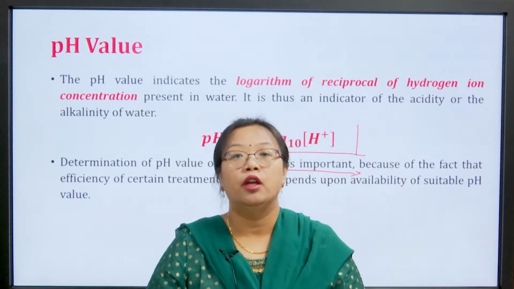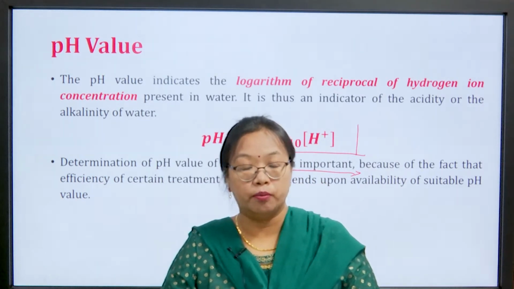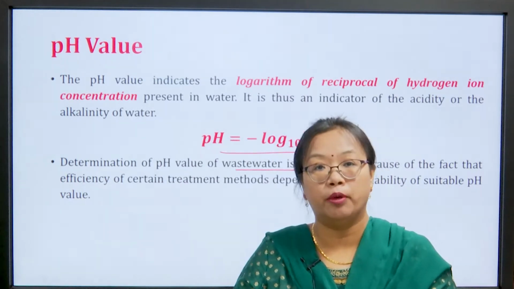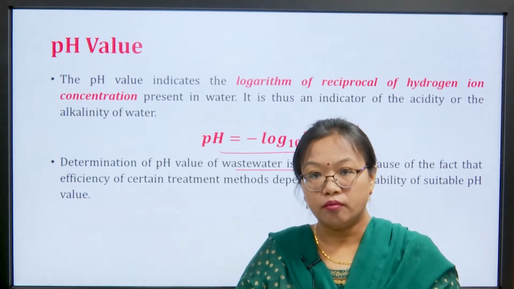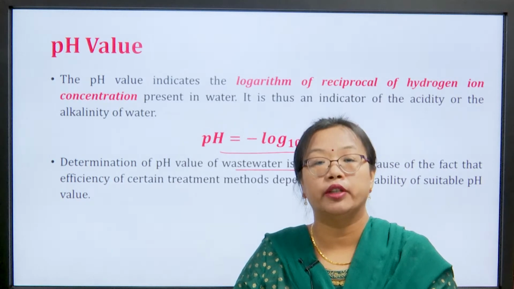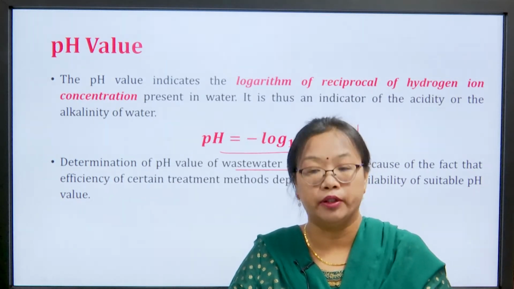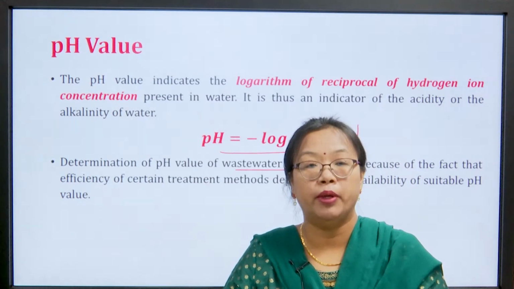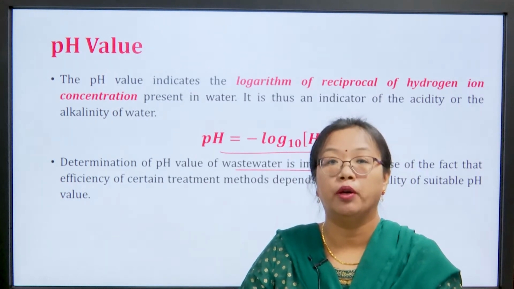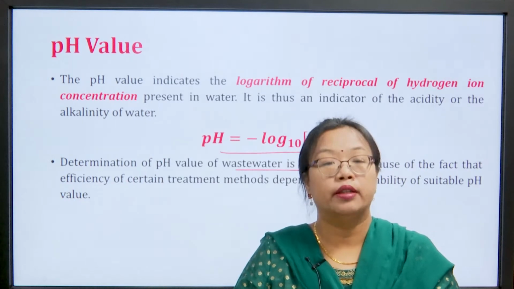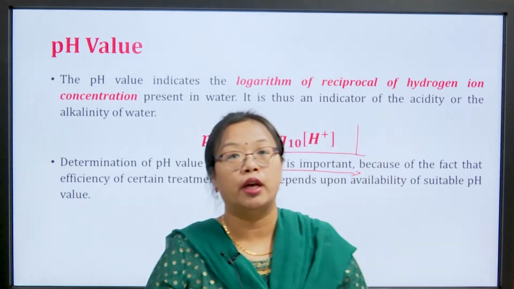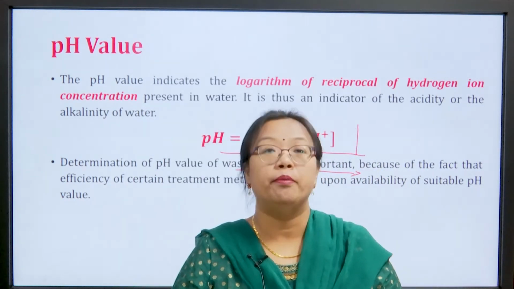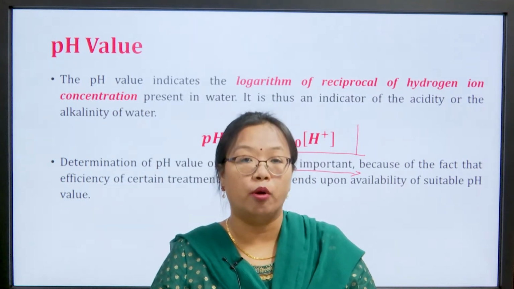Say for example, I am talking about the chemical treatment type. For physical treatment like sedimentation, pH is not an issue, but when we talk about chemical treatments or biological treatment, pH plays a very important role.